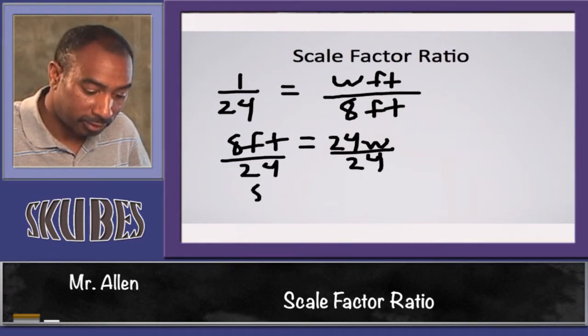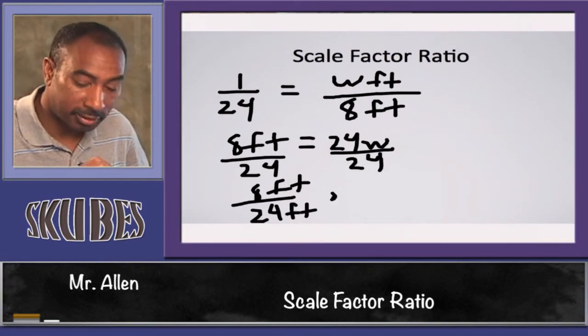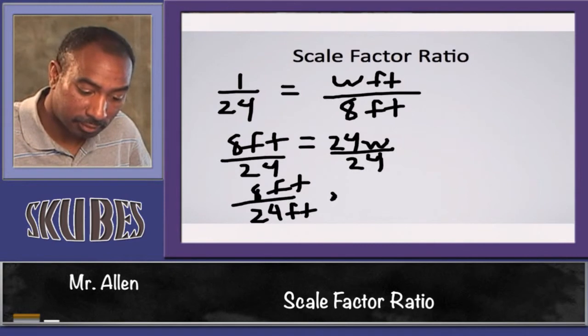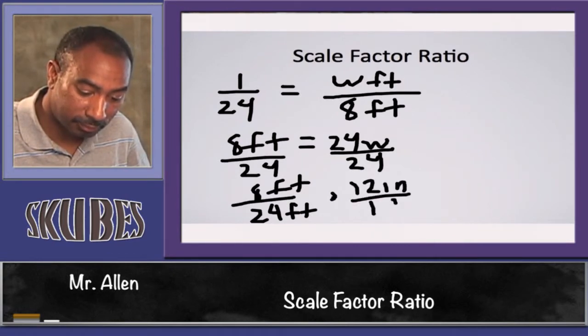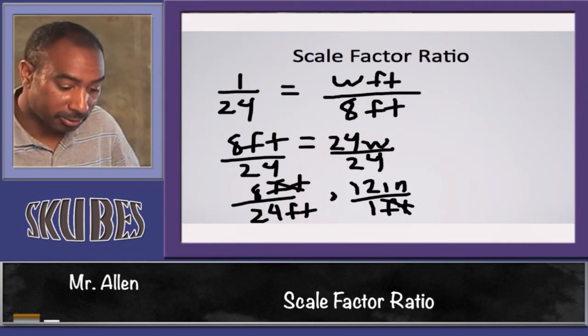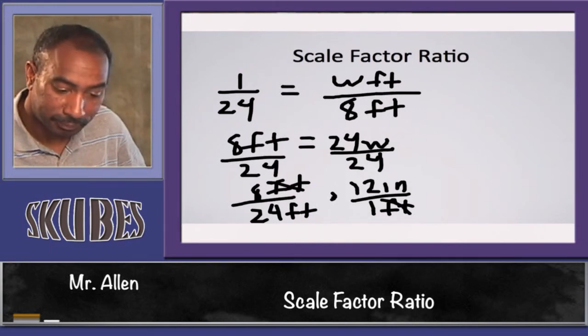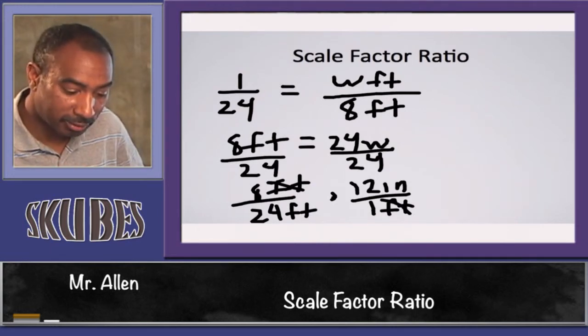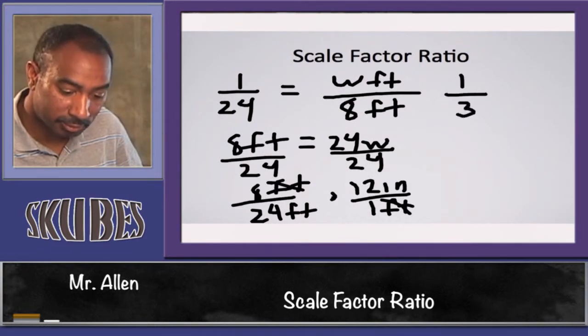So you got 8 feet is to 24 feet. But you got to convert that into inches. Every 12 inches is equal to 1 foot. Again, the feet cancels out. And you could reduce 8 to 24. So I know that 8 divides into itself 1 time, divides into 24 3 times.